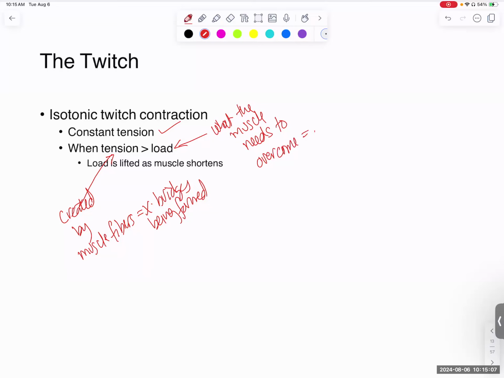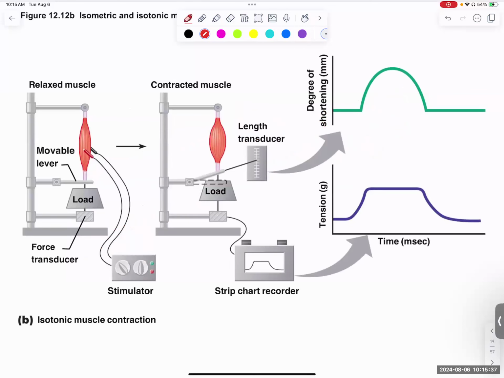So we need enough cross bridges to be stronger than the load. So the load's going to lift when there's more cross bridges and more force being generated, or more tension being generated, by the muscle fiber than the actual load.